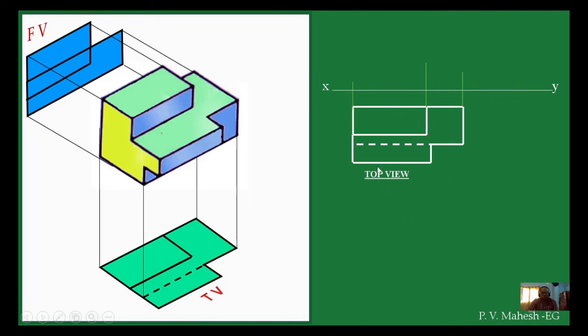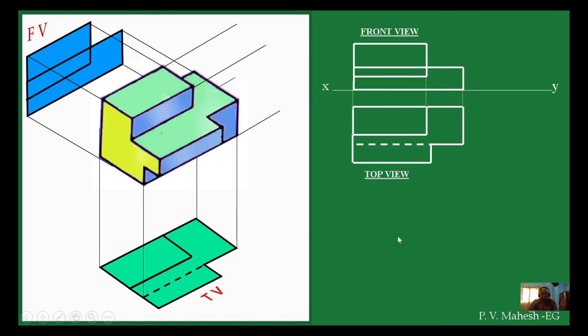Okay, so what we have to do here: first we can draw the bottom portion or the top portion, or this way, anything you can draw. All these blue color faces will be visible in the front view. So you can draw this one, this is the bottom one, this is this portion, and the top one is this portion.